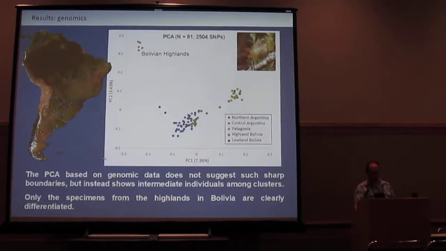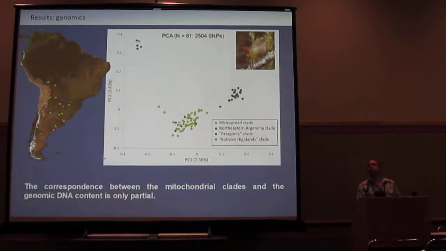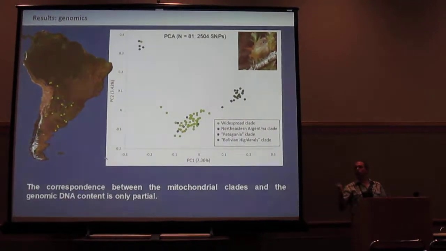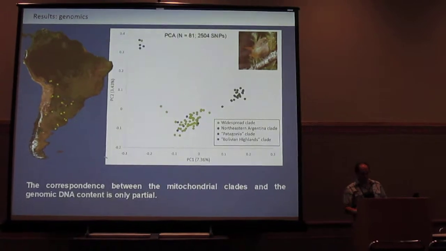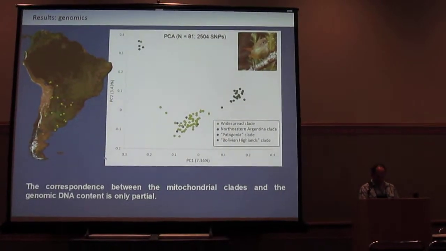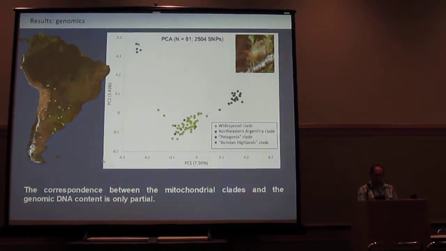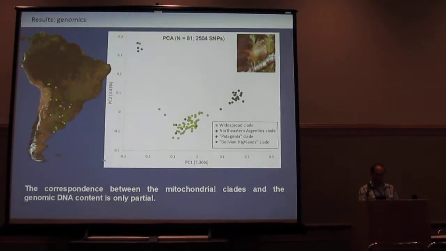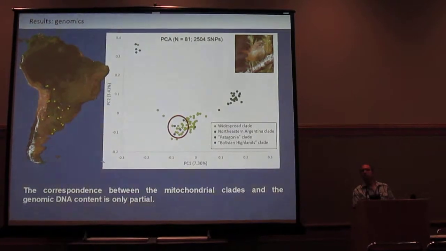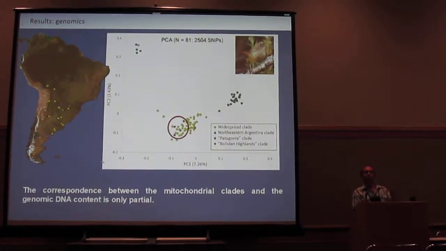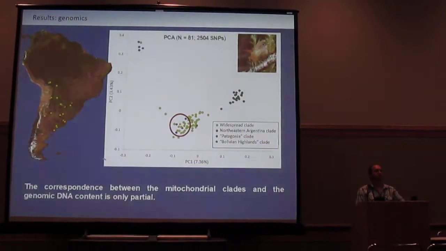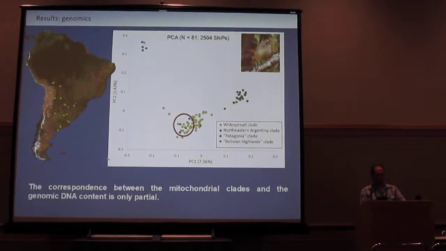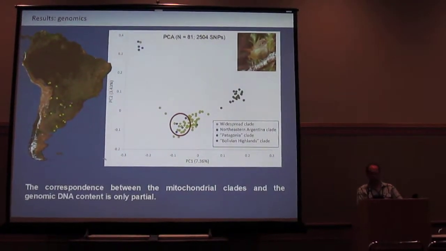In addition to this, if we also colorize the dots based on the mitochondrial content that they had, what we can see is that the correspondence between the mitochondrial clades and the genomic DNA content is only partial as well. So for example, we can see that these 4 individuals that had this small northeastern Argentina clade that I mentioned cannot be distinguished based on their genomic DNA.